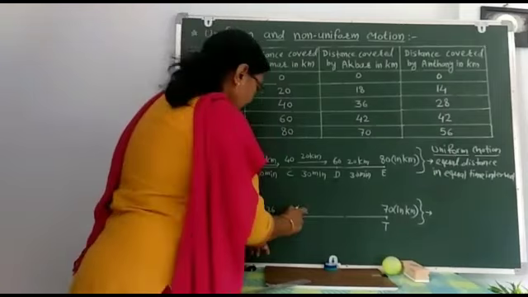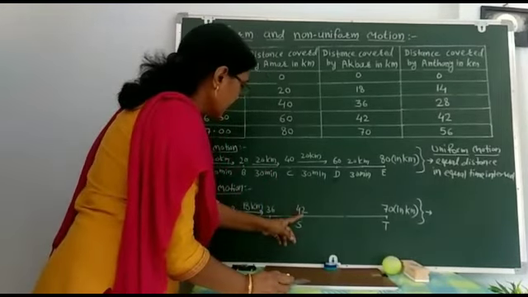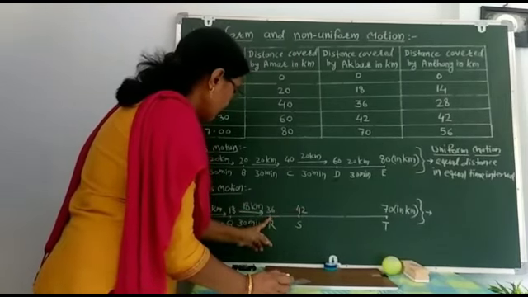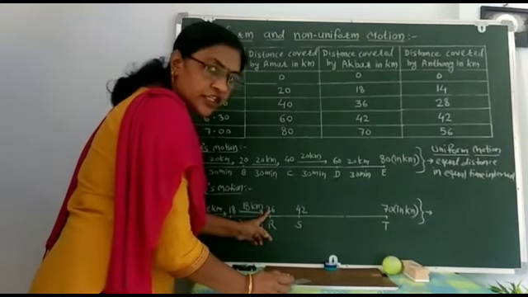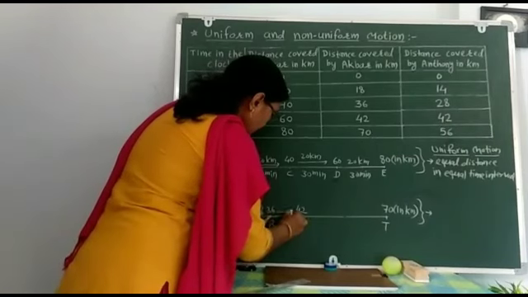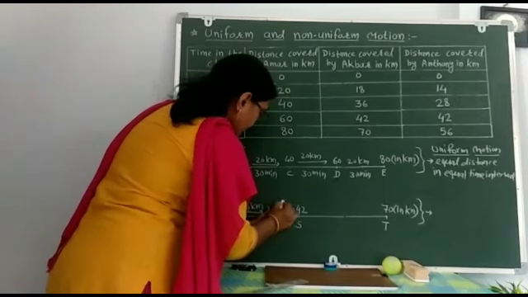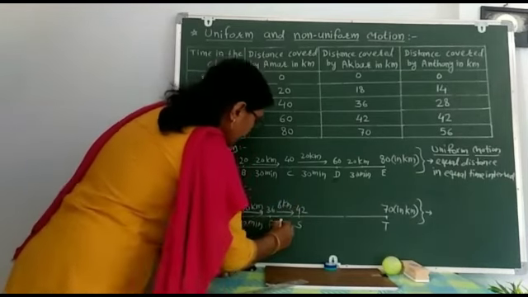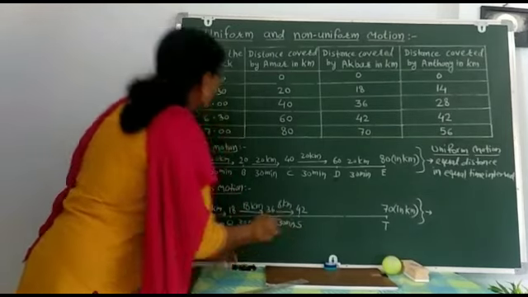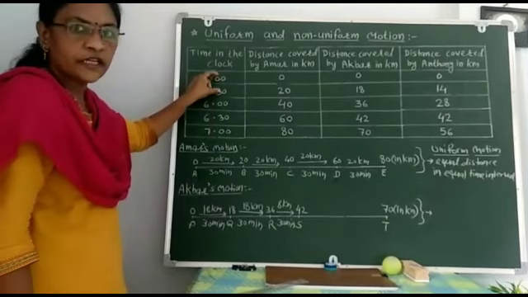Now at point S, the distance is 42. At point R the distance was 36. So from R to S he covers a distance of only 6 kilometers, and the time interval is equal. We have seen in the chart every time interval is equal, and that is 30 minutes.